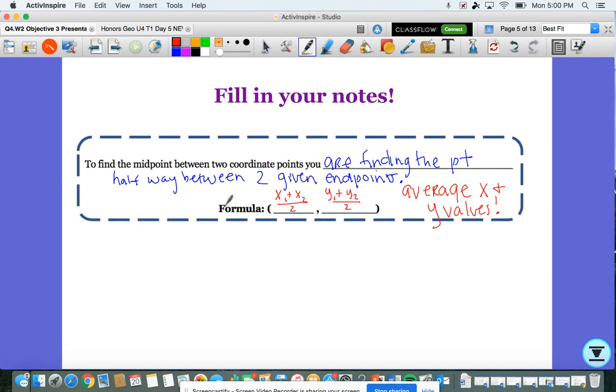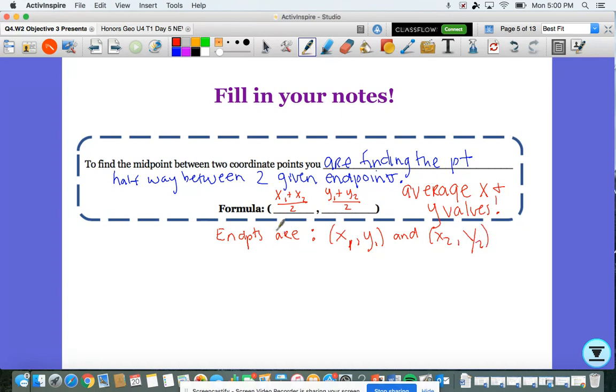Keep in mind that your final answer is going to be a point, right? And so this is going to be that your endpoints are x1, y1, and x2, y2.